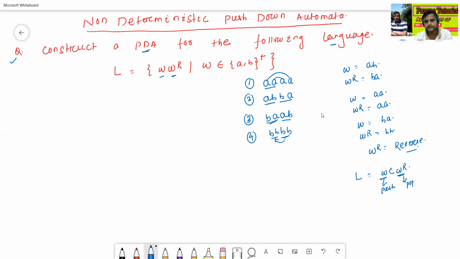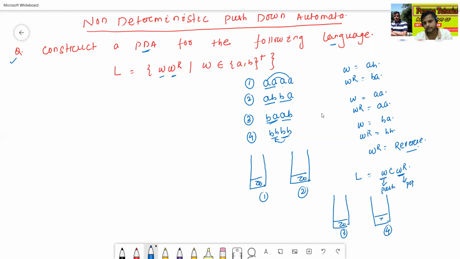Similarly, there are 4 cases here: first, second, third, fourth. Initially the stack contains Z0.